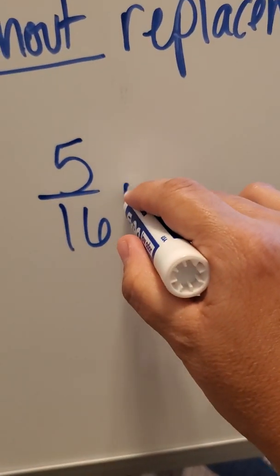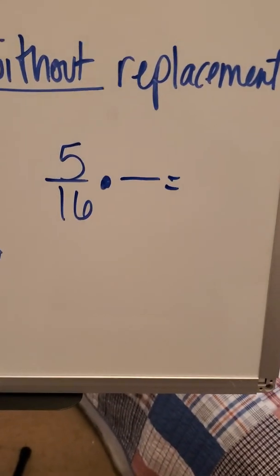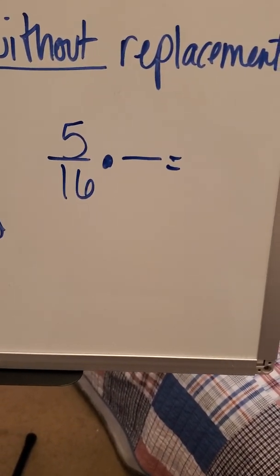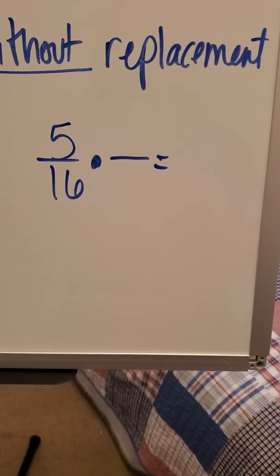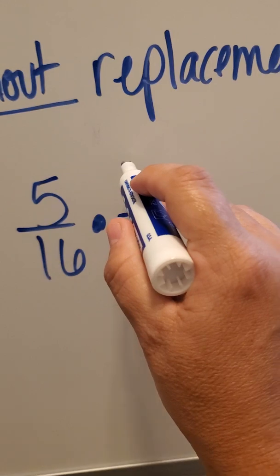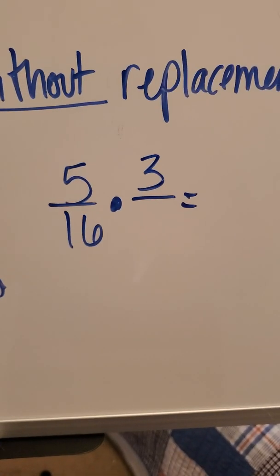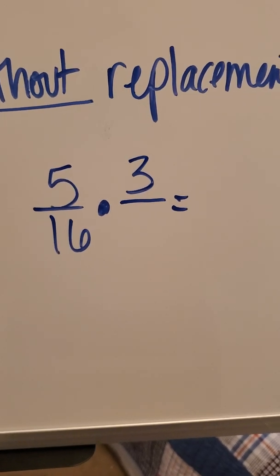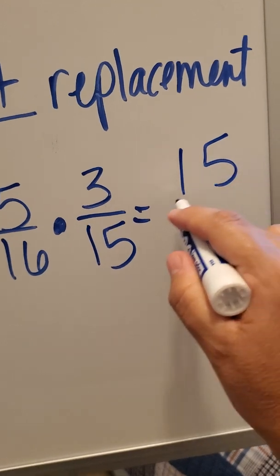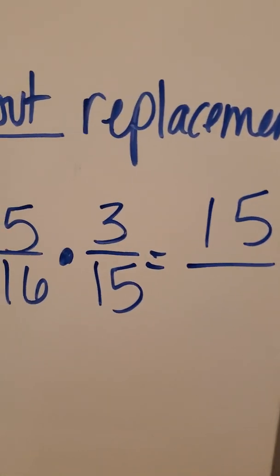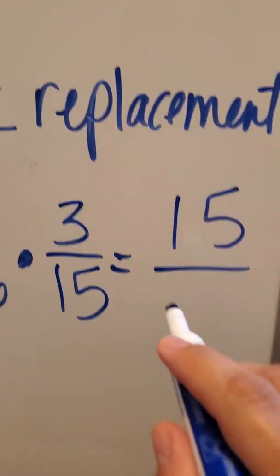And we're multiplying since it's multiple events. But this time, if I'm not replacing that blue marble, I have one less marble in the bag, okay? So red, there's 3. Red sitting there, but now I don't have 16 marbles in the bag. I haven't replaced that one blue one I pulled out, so now there's 15 left in the bag. So now that's 15 over 16 times 15 is 240.